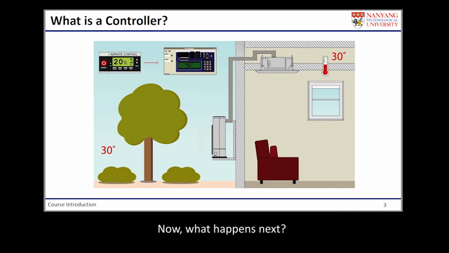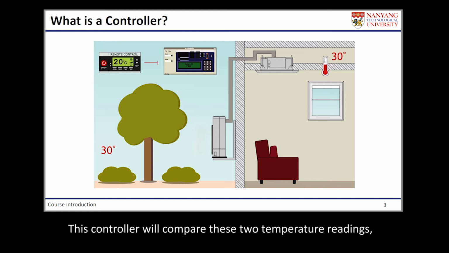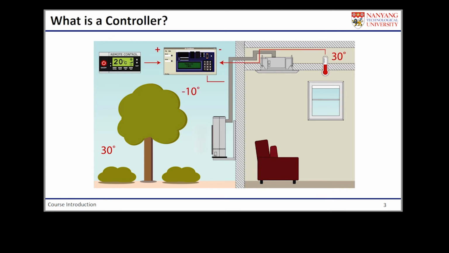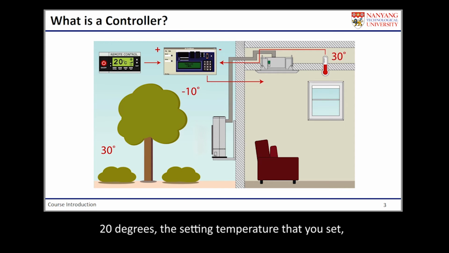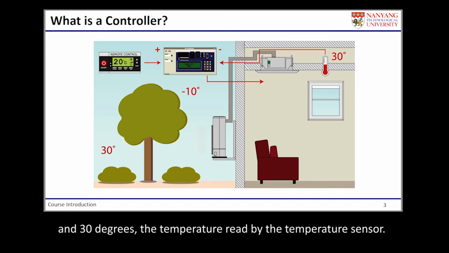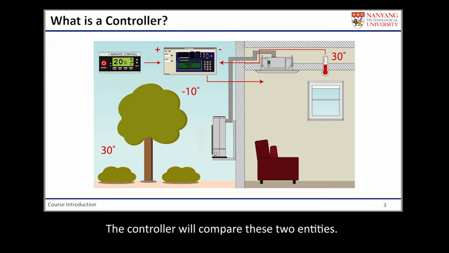Now what happens next? This controller will compare these two temperature readings: 20 degrees, the setting temperature that you set, and 30 degrees, the temperature read by the temperature sensor.